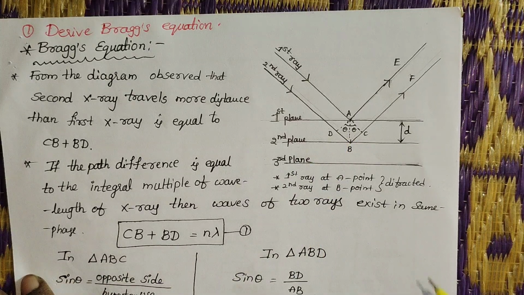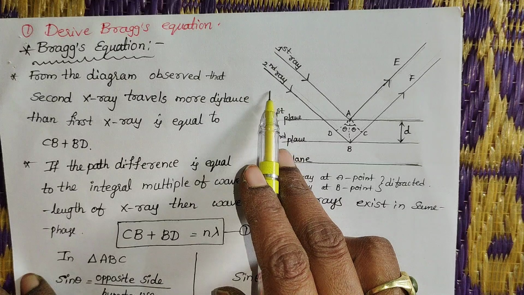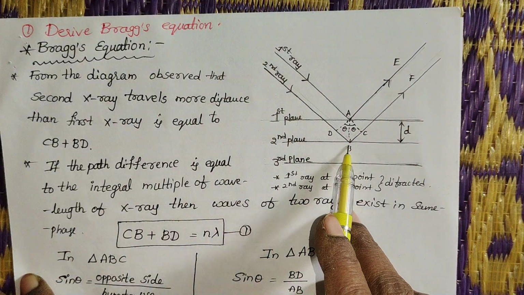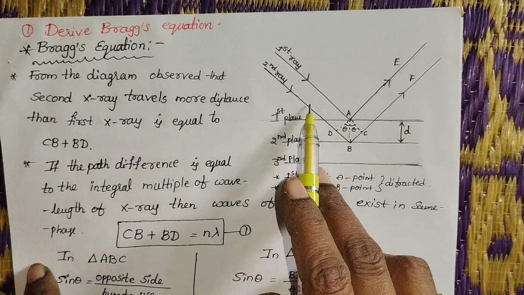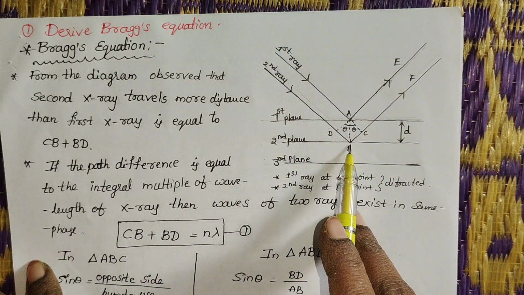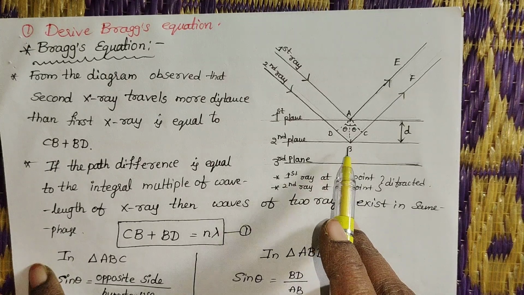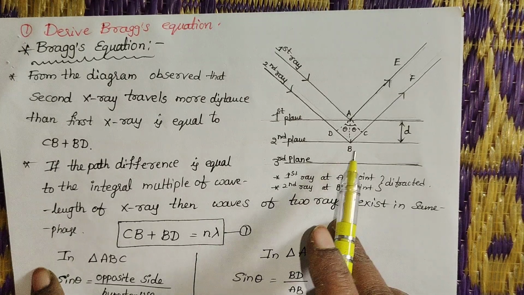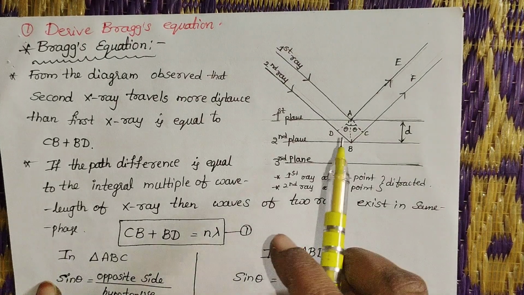Remember, the first ray strikes at point A, the second ray at point B. Compared to the first ray, the second ray went somewhat more distance, right? That we have to find, and for that purpose we use an equation known as Bragg's equation.